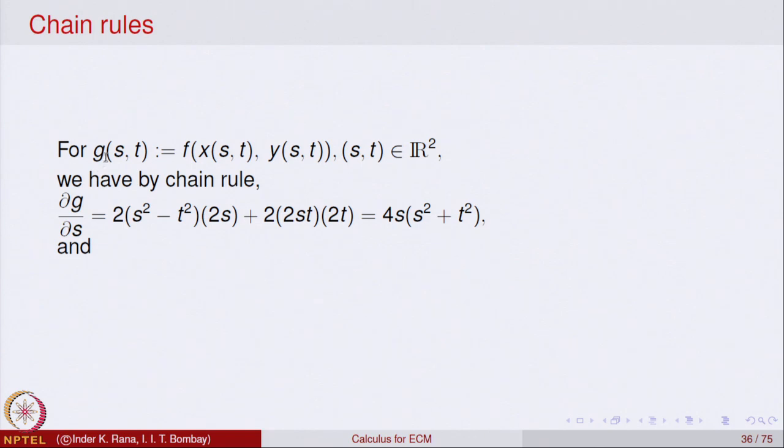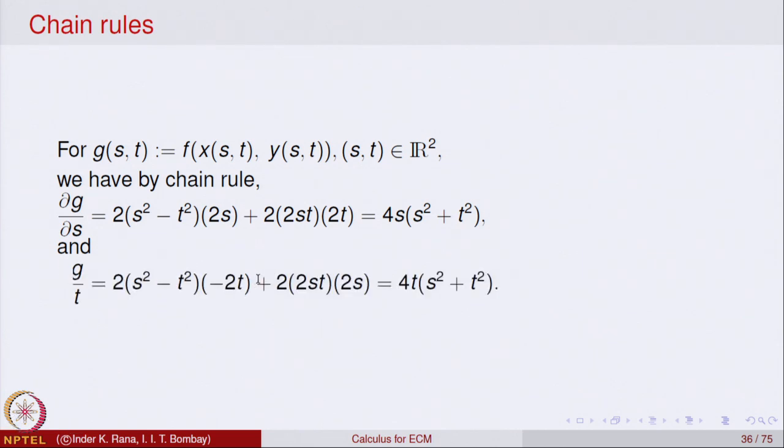The partial derivative of g with respect to s is the partial derivative of f with respect to x times the partial derivative of x with respect to s. That gives you this term, plus the second term, the partial derivative of f with respect to y times the partial derivative of y with respect to s.